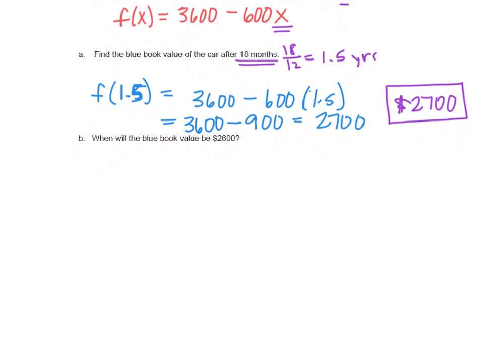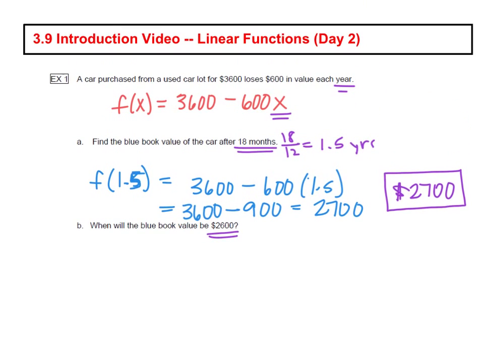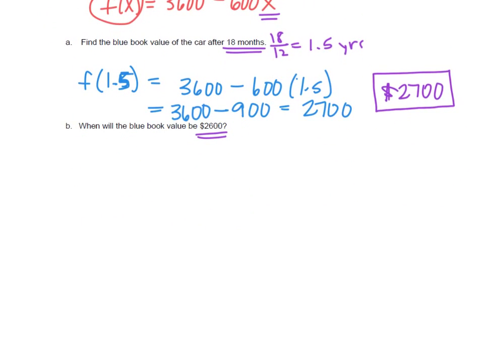All right, when will the Blue Book value be $2,600? So in this example, the Blue Book value is the f of x. So if we know that the value is $2,600 and we want to know how long it will take for that to happen, 2,600 goes in for the f of x, and we're going to use our equation, 3,600 minus 600x, and we're just going to solve that for x.